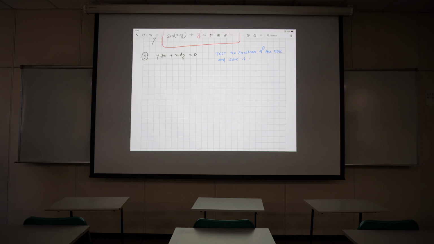y dx plus x dy. So you can clearly see which one is your M and which one is your N. So this is your M, this is your N. So calculate dM by dy and dN by dx.